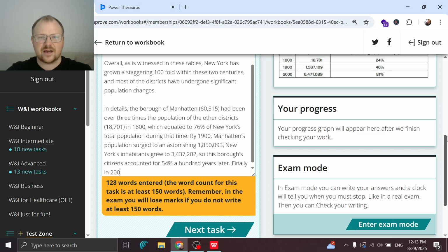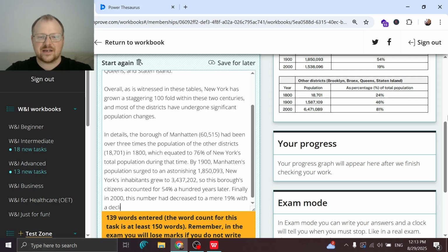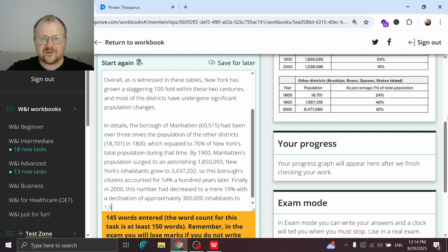Finally, in 2000, this number had decreased to a mere 19%, with a declination of around approximately 300,000 inhabitants to 1,538,096.